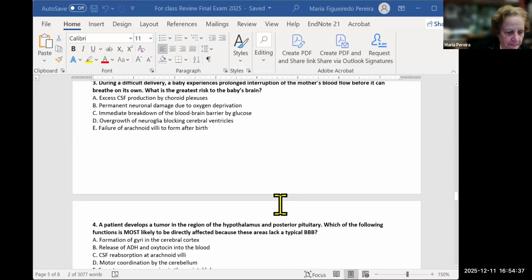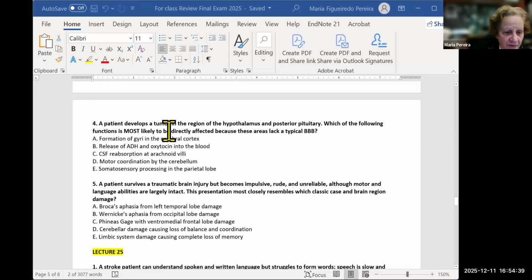Let's move on. A patient develops a tumor in the region of the hypothalamus and posterior pituitary. Which of the following functions is most likely to be directly affected because these areas lack a typical blood-brain barrier? Formation of CSF? No. Release of ADH and oxytocin?